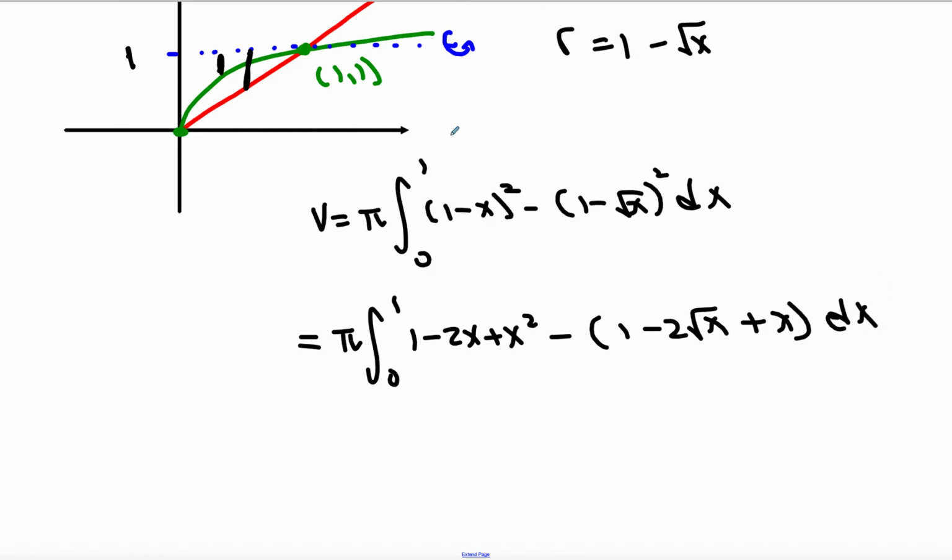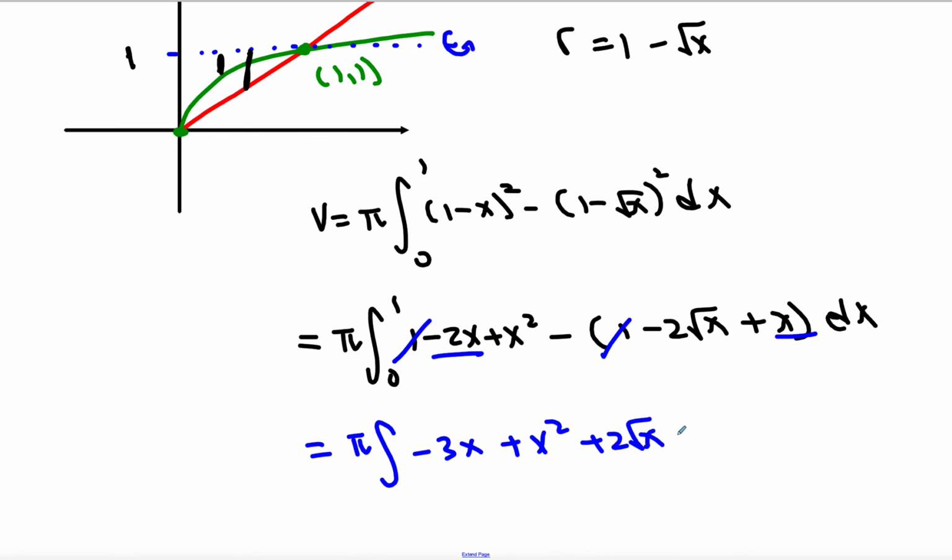And you can see that this 1 cancels away with this one. And then we in fact have pi times negative 3x because of here and then here, plus x squared, and then plus 2 radical x dx, and then it goes from 0 to 1.